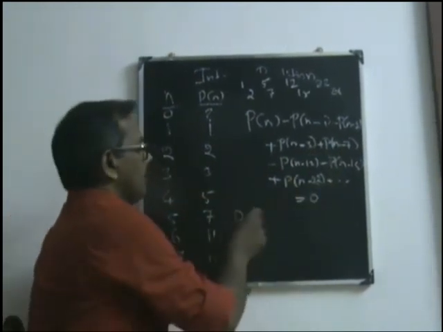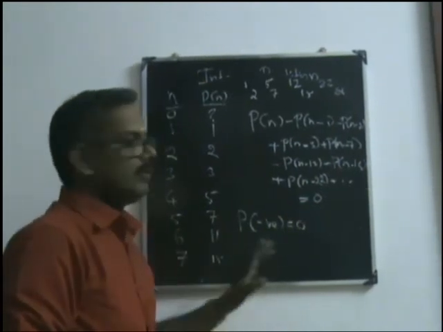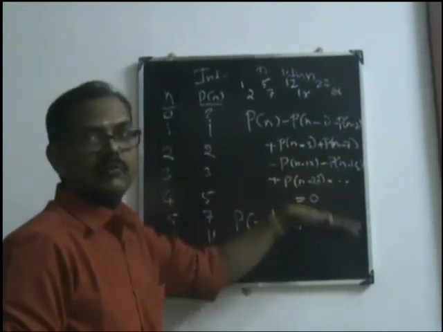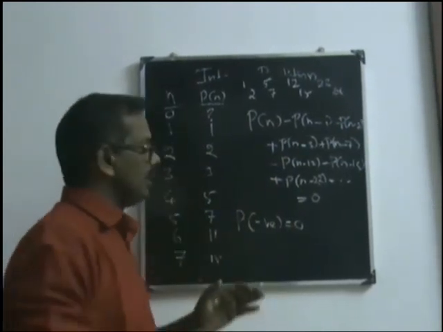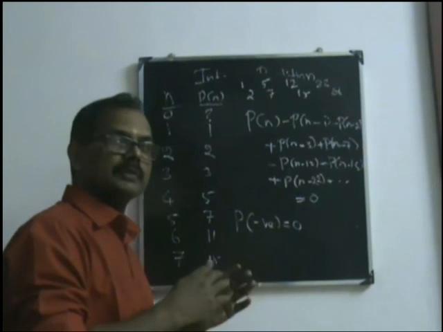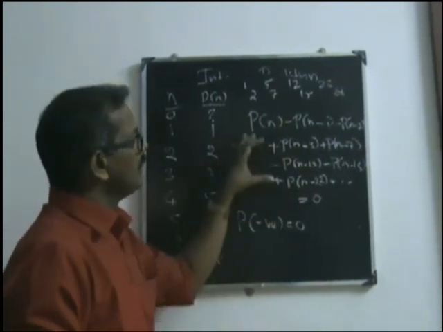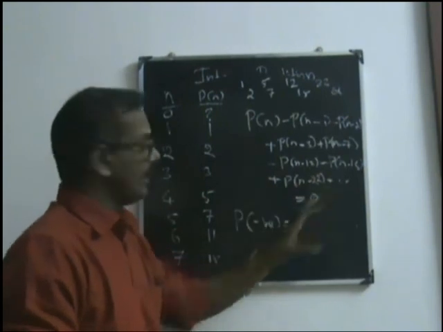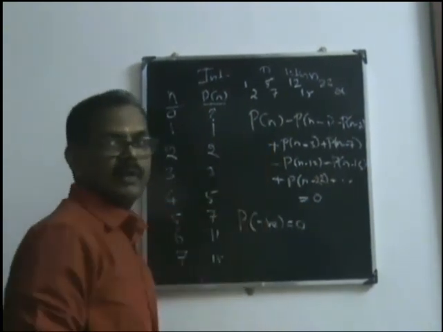We assume that P of any negative number is equal to 0. Therefore this cannot go on as an infinite sequence. Whenever we get a negative number, the remaining terms will be negative arguments, and hence those terms can be replaced by 0. So we get a finite sum that equals 0, and hence we can find the value of P of n.